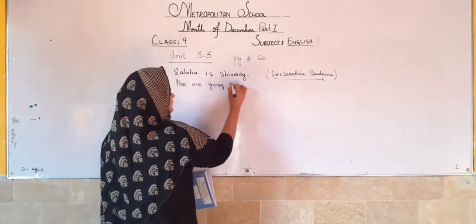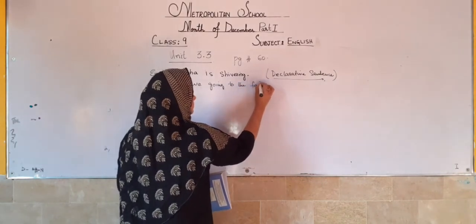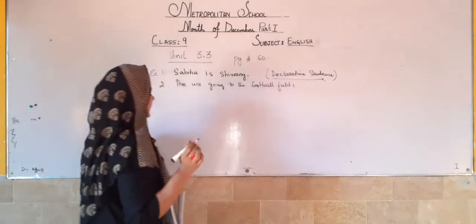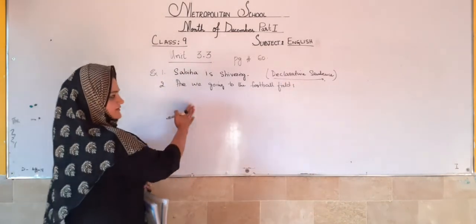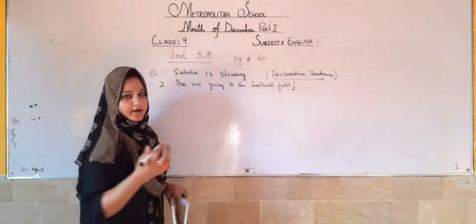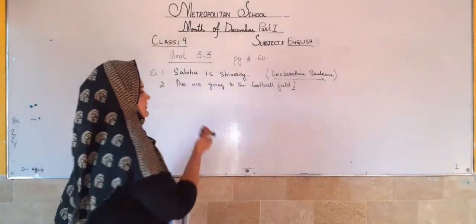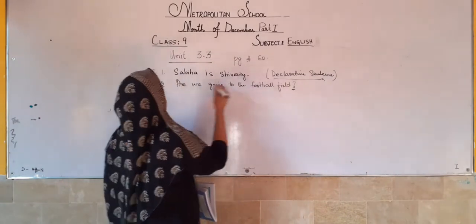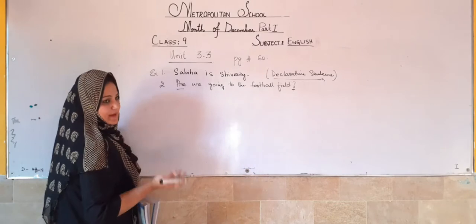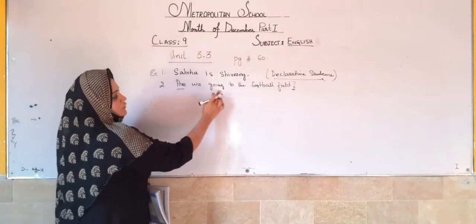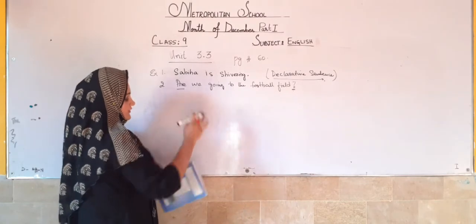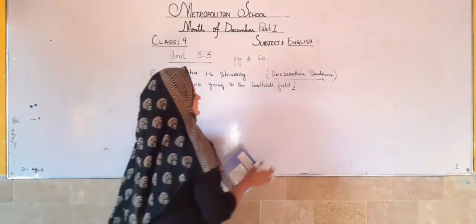Is this a general statement? No. Why? Here is a question mark. You can identify by small tips. There is a question mark, and a helping word is written at the beginning. So, are we going to the football field? This is a question and this is affirmative. So, this will come under interrogative sentence.